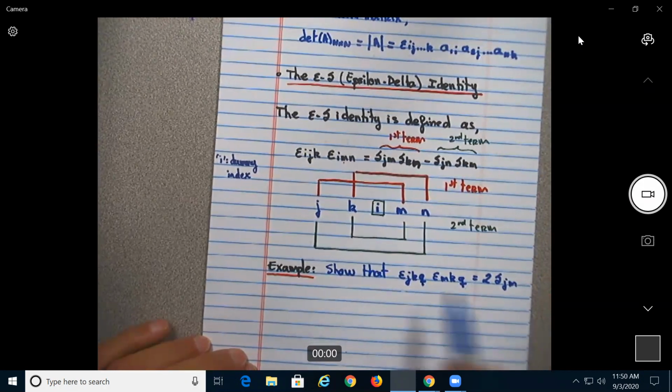Okay, so over here you see, as an example, we're gonna leave the Q at the end. All right, so this will be our dummy index, no?